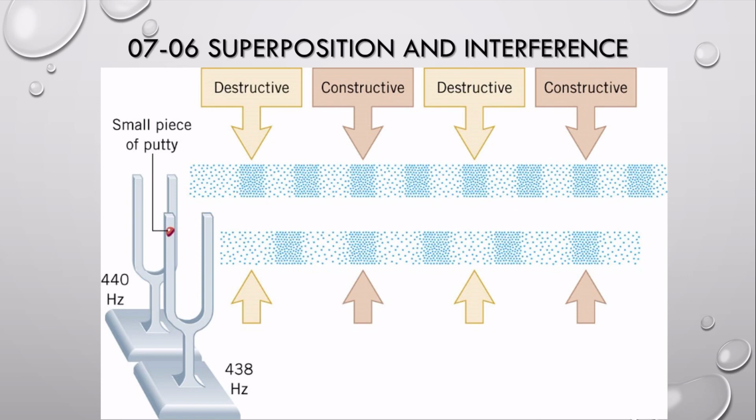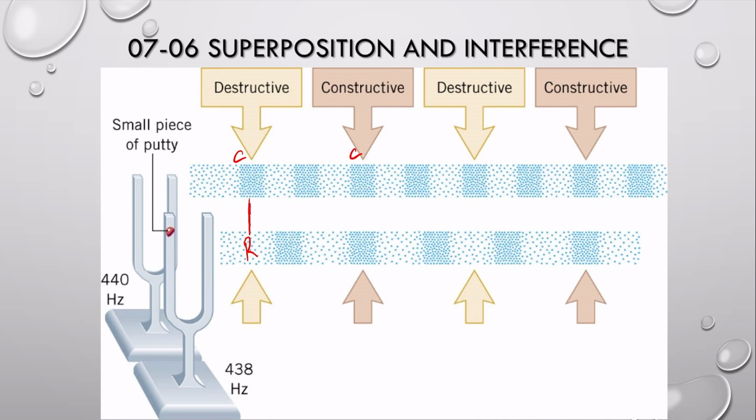All right, so here are two tuning forks. One's producing 440 hertz, the other one 438 hertz because we put putty on one of them. And so if we look at where they line up, we have a condensation meeting with a rarefaction. Cancels out. Destructive interference.